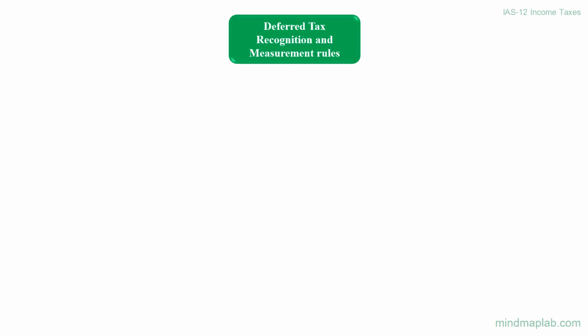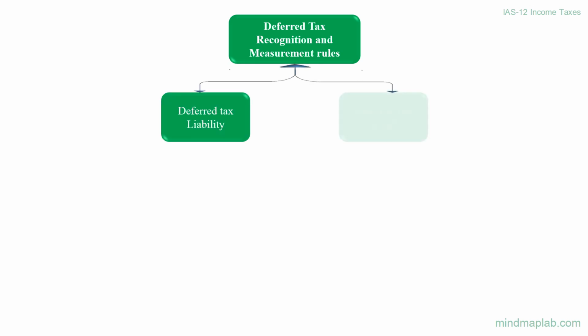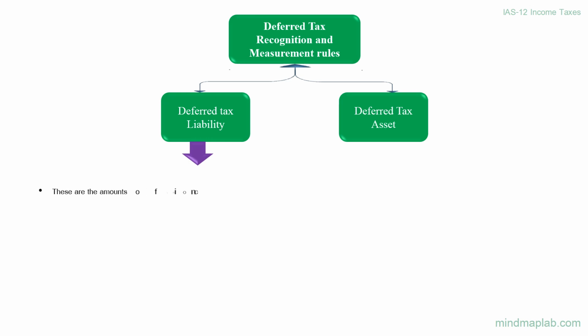Deferred tax recognition and measurement rules. A tax rate provided by tax authorities is applied on temporary differences to reach the deferred tax liability or deferred tax asset amount. Deferred tax liability: these are the amounts of income taxes payable in future periods.